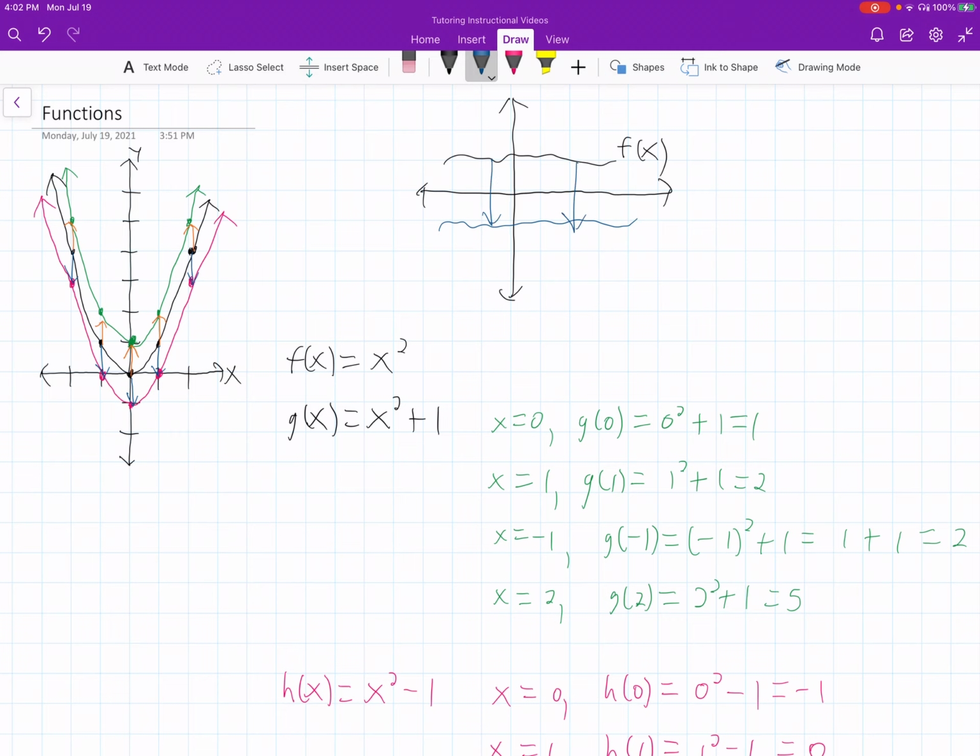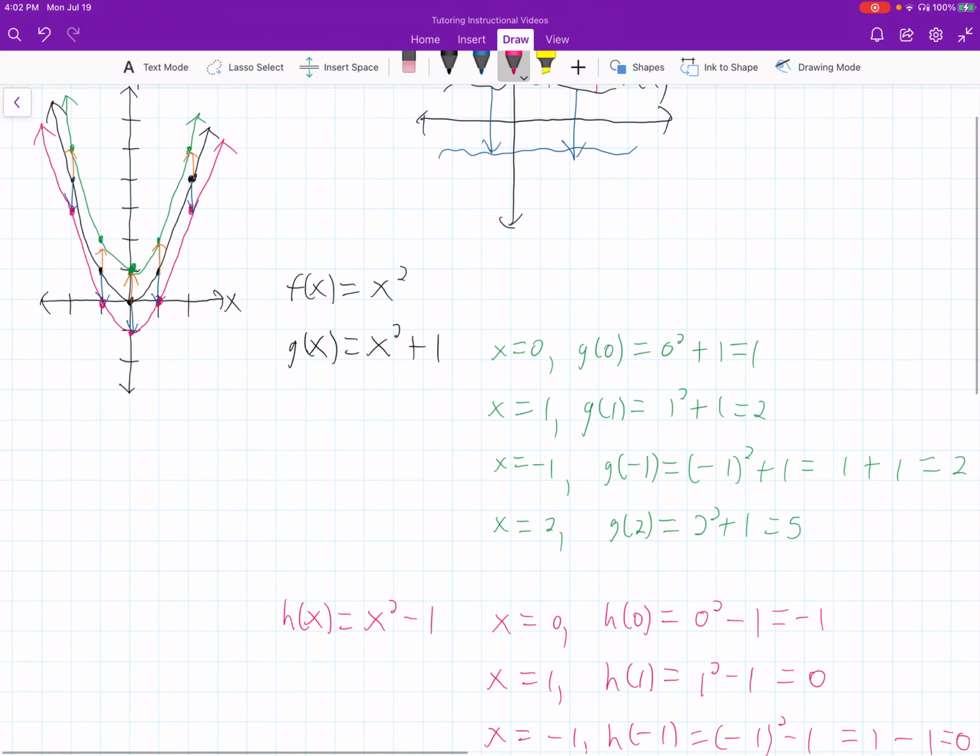Essentially, I'm just either translating it downwards or translating it upwards. So that's pictorially what we mean, translating vertically. And then what do we mean algebraically? How can we represent this process?